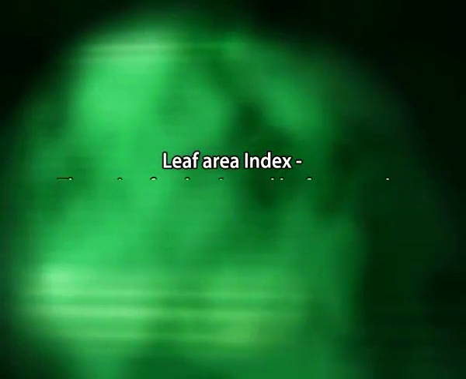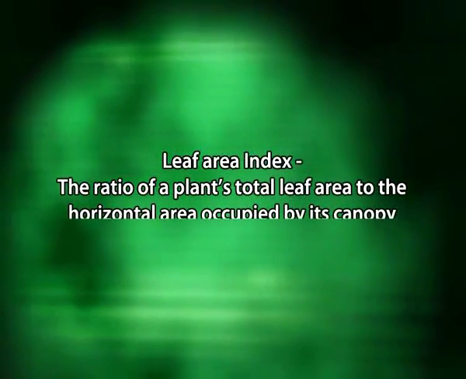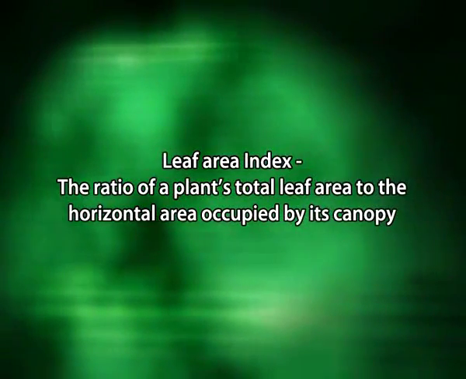Dear students, now let us talk about one more adaptation of plants to different light regimes, that is leaf area index. Leaf area index is the ratio of a plant's total leaf area to the horizontal area occupied by its canopy.